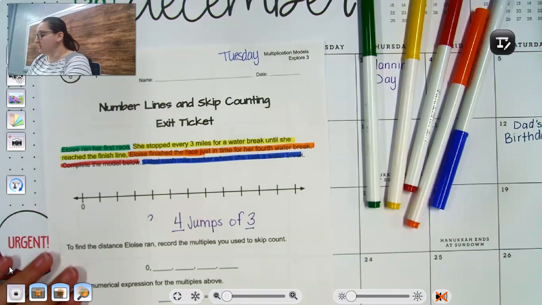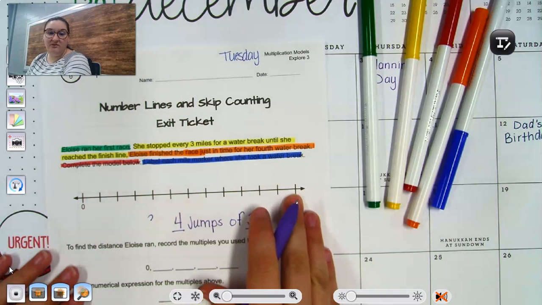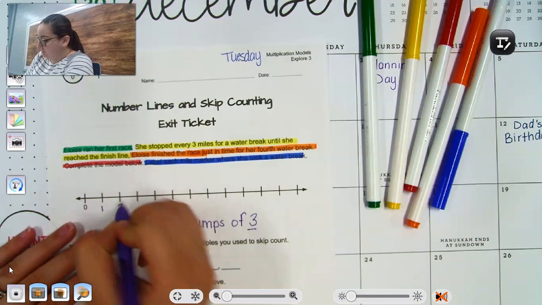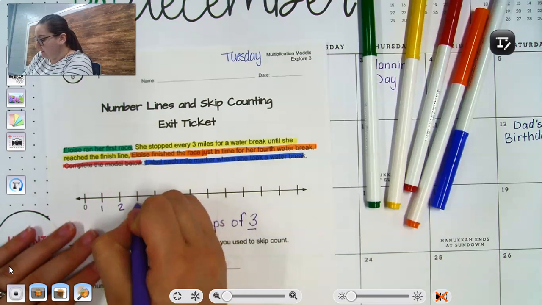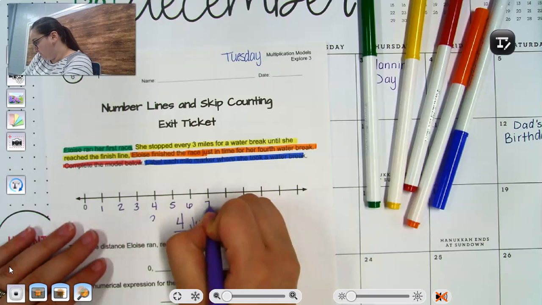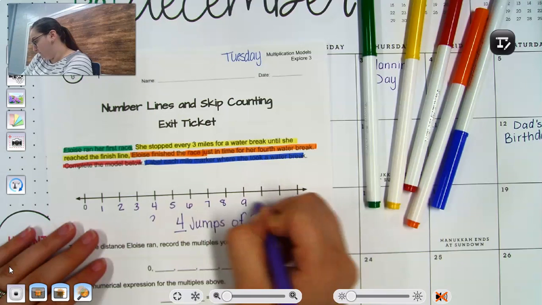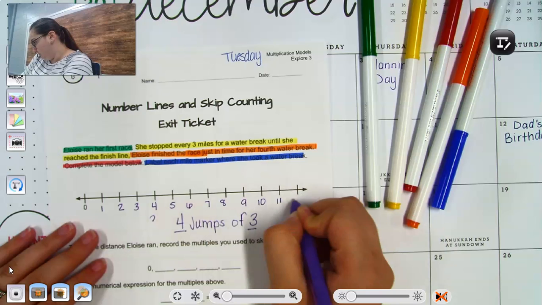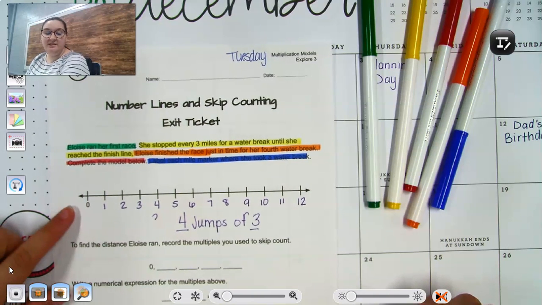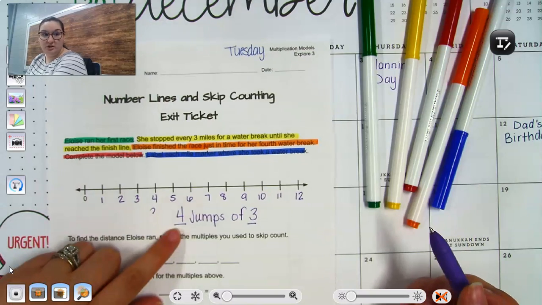The first thing you can do, guys, is fill in your number chart if you want. I have 1 each. These are called ticks, or counting by ones. We're starting at 0 and we're going to be stopping every 3 marks, and we're going to jump 4 times.